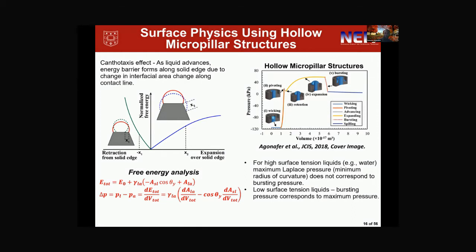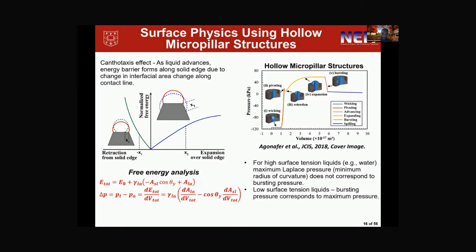Therefore, the behaviors are quite different for high surface tension liquids and low surface tension liquids. For high surface tension liquids, the minimum radius of curvature, or maximum Laplace pressure, occurs at the inner diameter of the hollow micropillar structure, and the maximum pressure on the outside does not correspond to the bursting pressure.